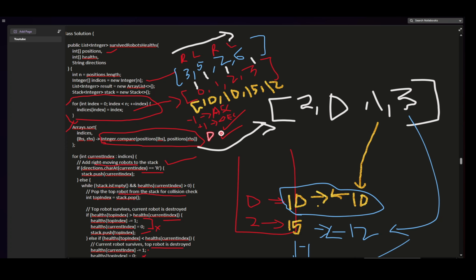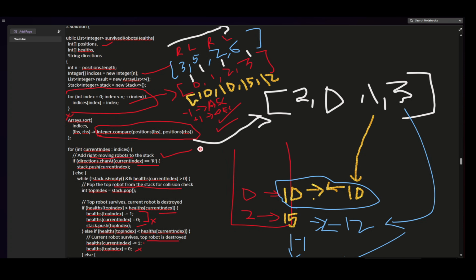For zero, both are equal and it stays as it is. This is compared for both indices, the left hand side and right hand side. It will check the respective positions and sort accordingly. I can give an example: this is the index array and I will be sorting based on the position.